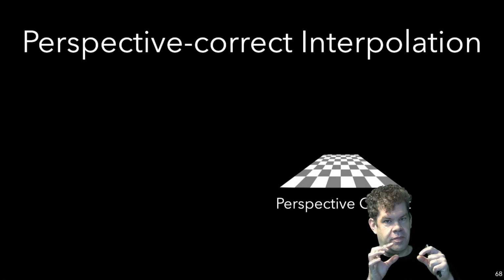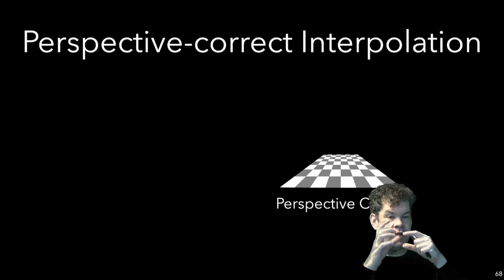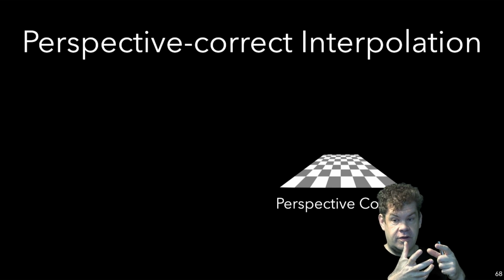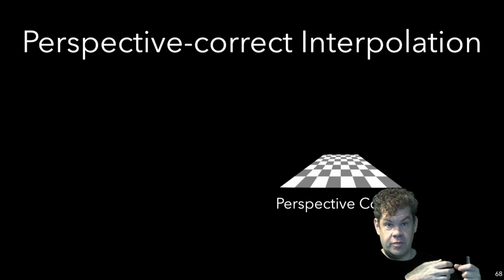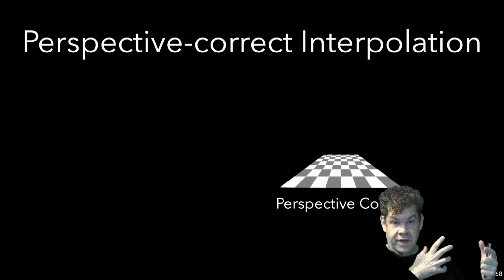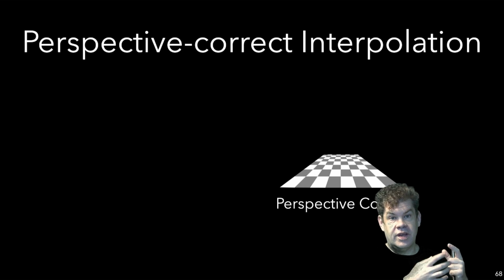Now, remember one thing about the pipeline, and that is we first transform everything. We take our vertices, we apply the model transformation, we apply the viewing transformation, we apply the perspective transformation, we do the perspective division, and so on and so forth. So the rasterizer only works in 2D. It doesn't know the full 3D information.